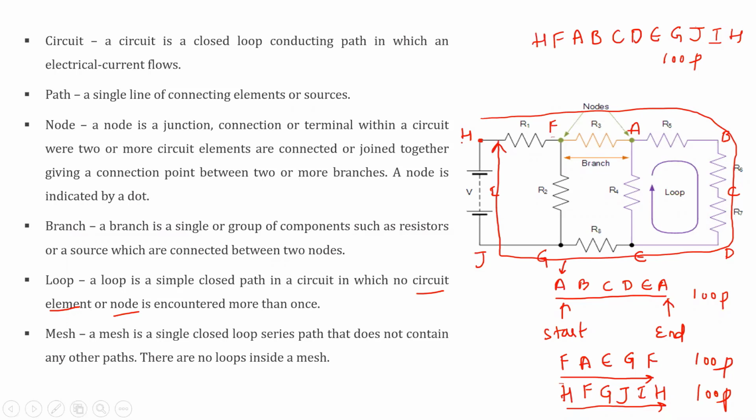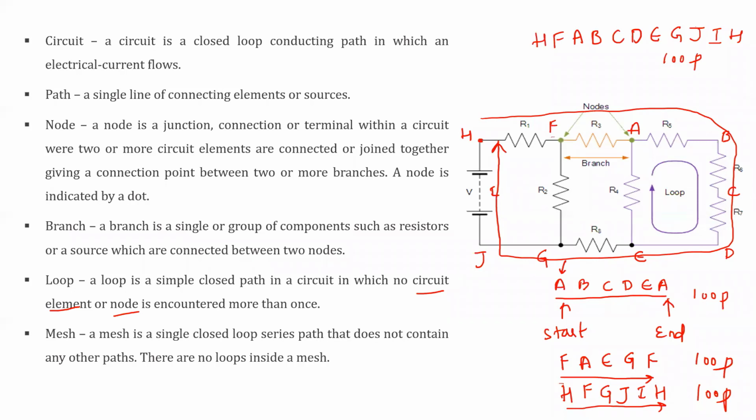Yes, it is the definition of a loop, but it is not a mesh. The reason is inside this loop, we can find three more loops here. Loop number one, loop number two, loop number three. It can be a loop, but not a mesh.